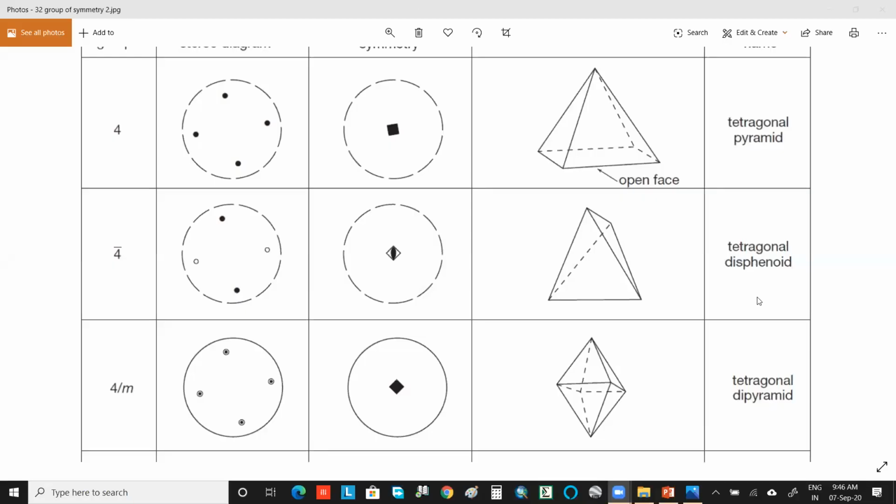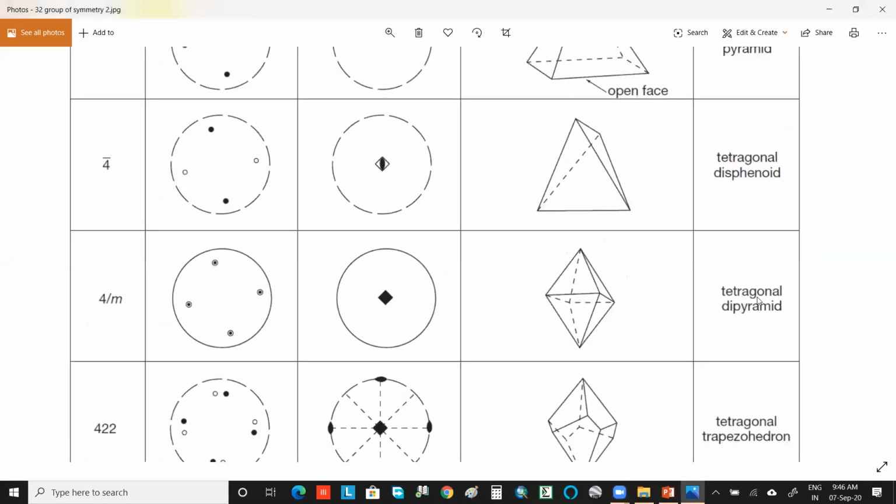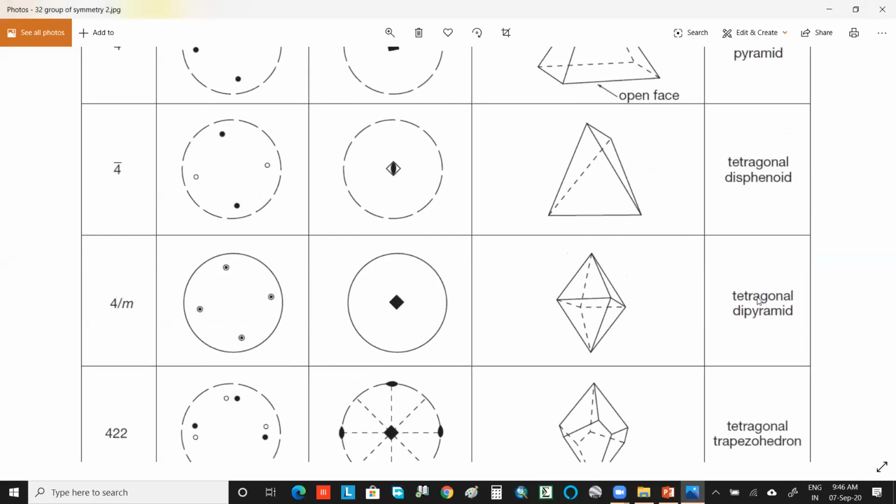You might be getting a little bored and wondering what is going on, but I'll show you how these things are used. So have a look here. Let's suppose we have to draw the stereographic projection for 4, which is the tetragonal pyramid.